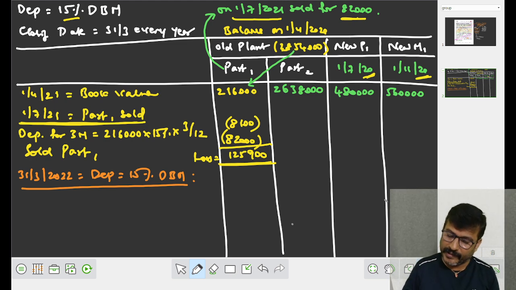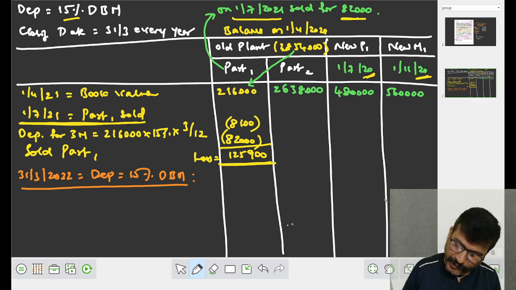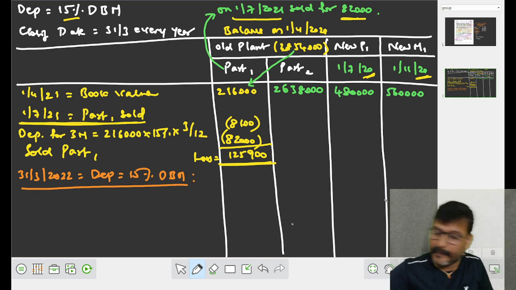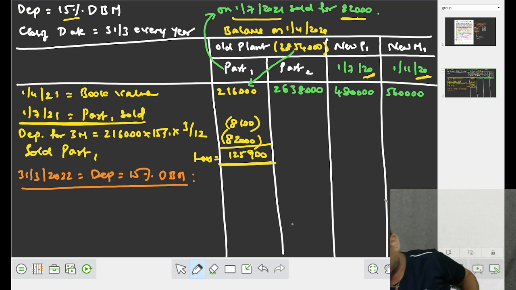Wait for a few seconds. We have to calculate depreciation, right? On what do we have to calculate? We have to calculate depreciation on so many other things, right?